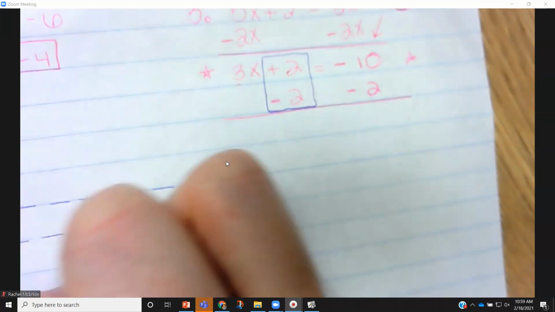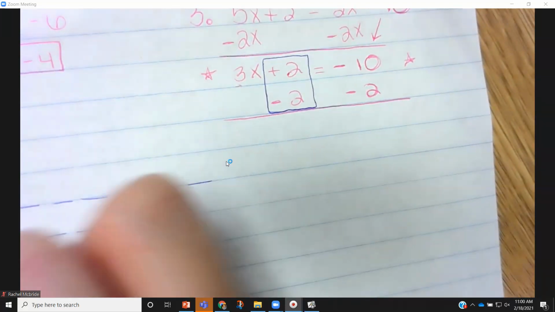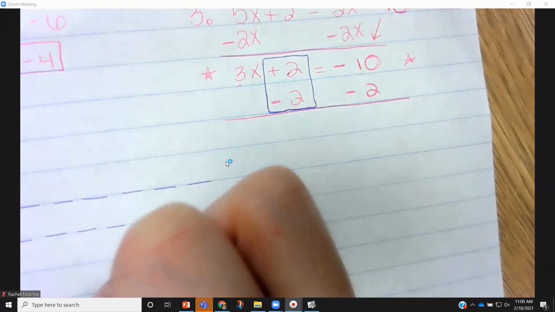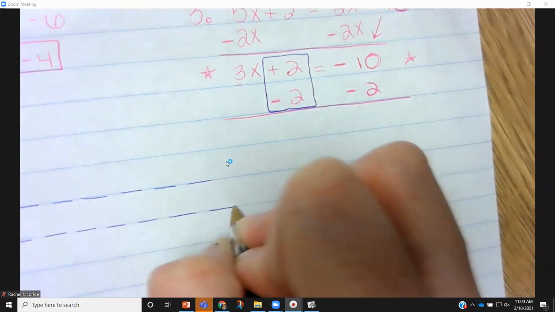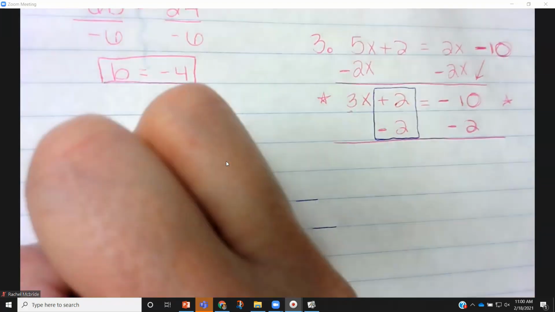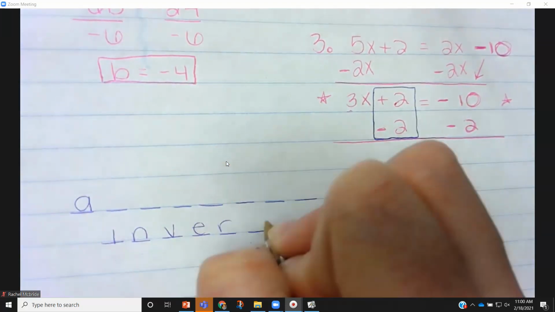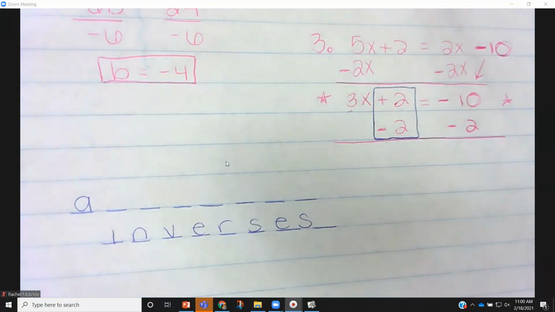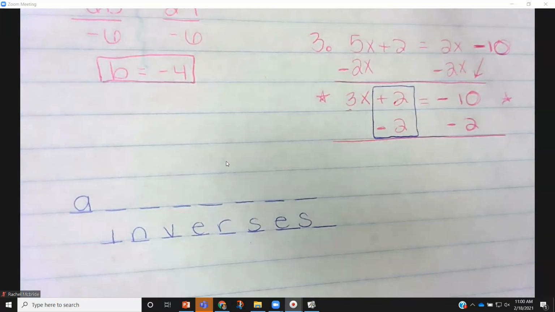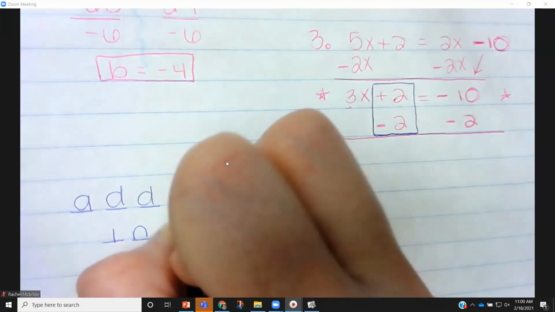You got that right. So what's the first word? You're saying first word starts with an A. It's something inverse. Remember what it is? Anybody else got it? Abby's got it. Yeah, I thought Abby said it. Yeah, additive.